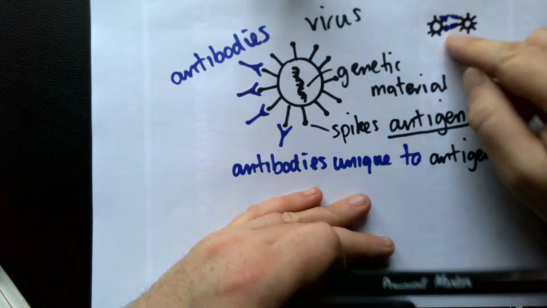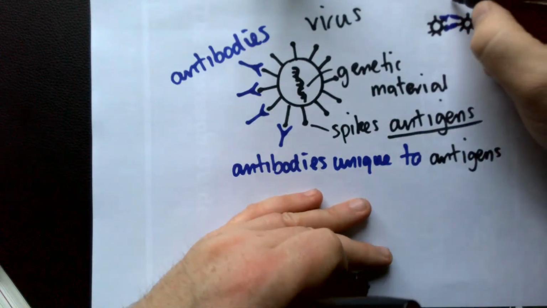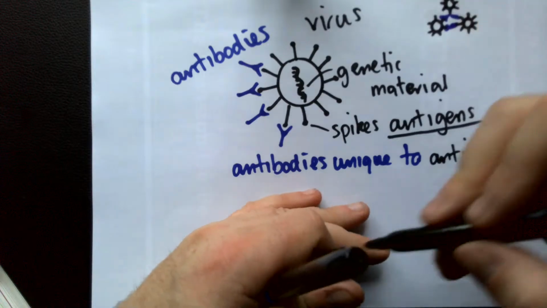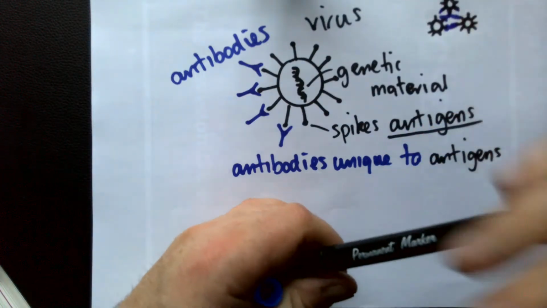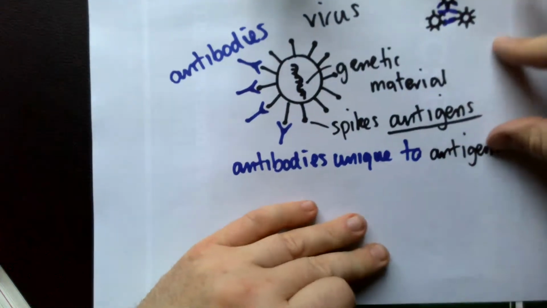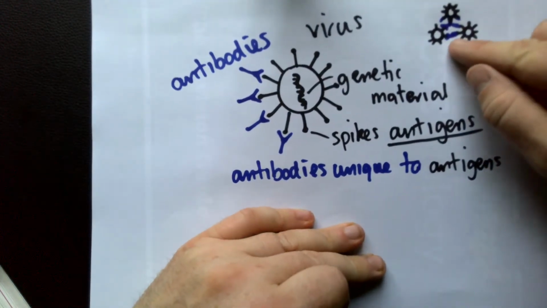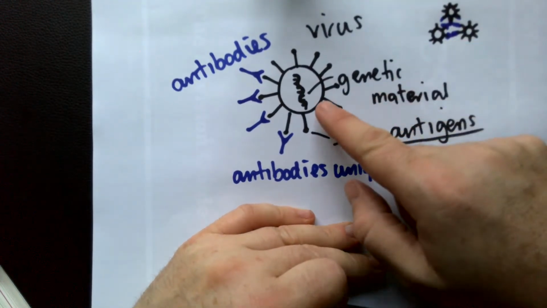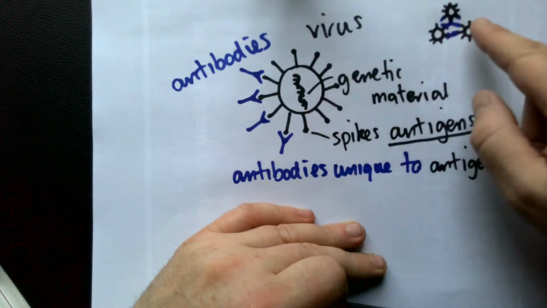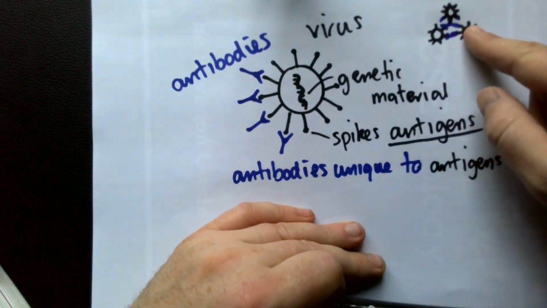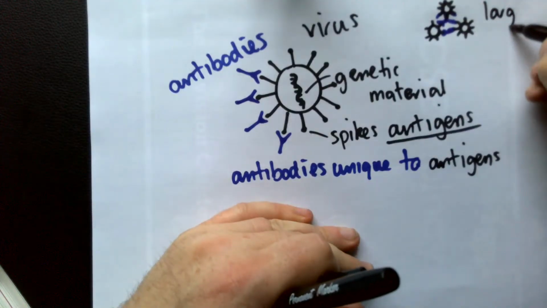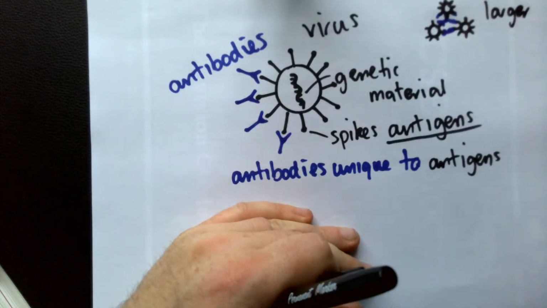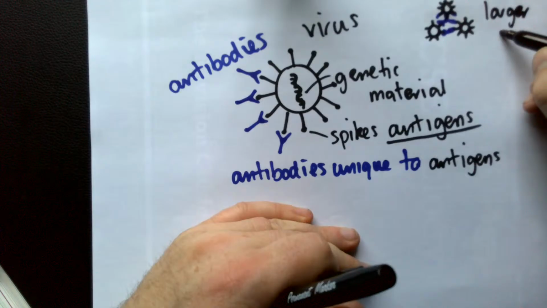These antibodies stick to each other. And so what happens is you've got dozens, hundreds of virus cells surrounded by antibodies, and the antibodies stick to each other. And so this is not just one single virus, this is a large ball of viruses. And this becomes larger. Because it becomes larger, it also becomes slower.